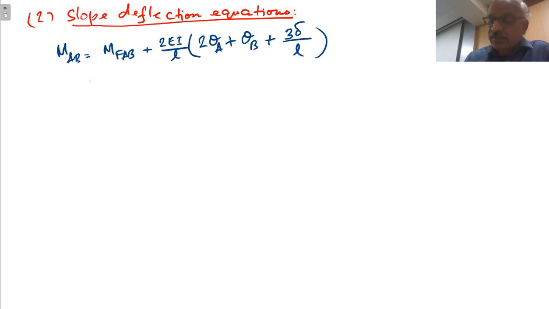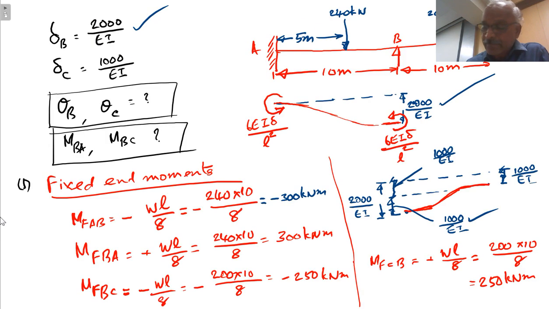Right. Now MFAB equal to minus 300. And A is fixed, so theta A equal to 0. Right. Now we'll write one by one.